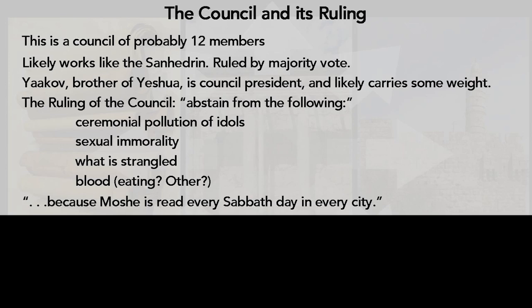Now, it is linked by a Greek word back to strangled, and food is connected to strangled. So, at the very most, and this is commonly understood amongst most Christian scholars, going back to the church fathers, is that we have 3 instructions here regarding food and one regarding sexual immorality.